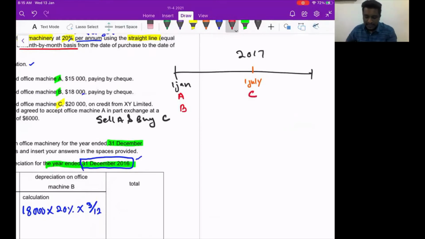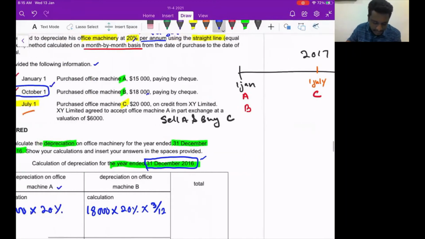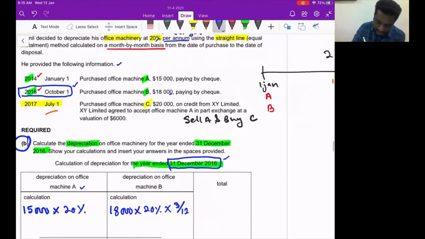So now my question is, for the year 2017, asset A, how many months do you use? According to the question here, they accept motor vehicle A as an exchange for the machine C. It means they sell machine A on the 1st July.